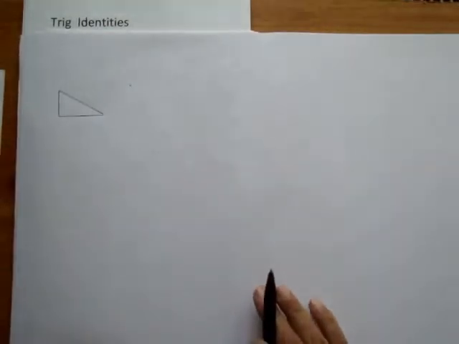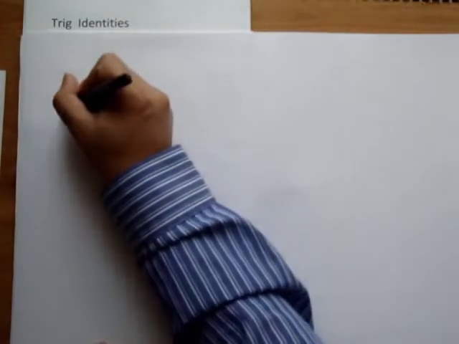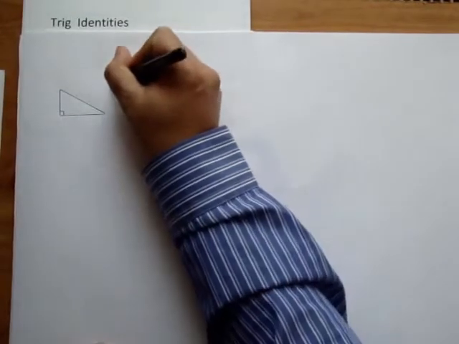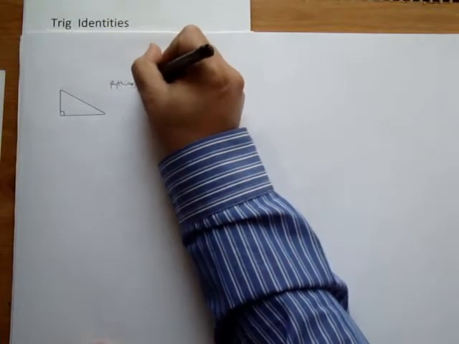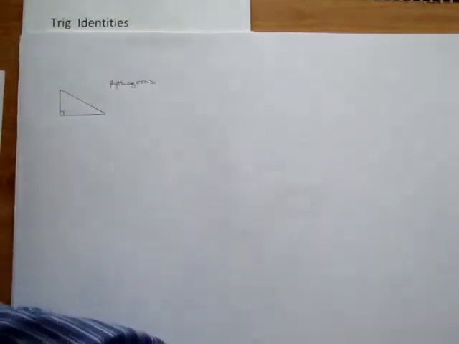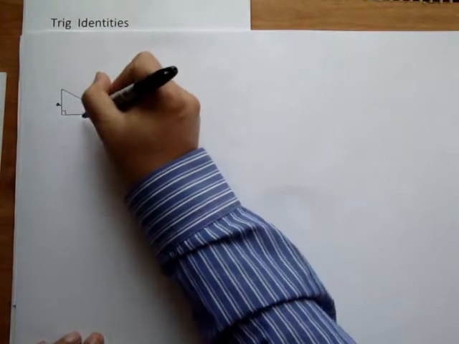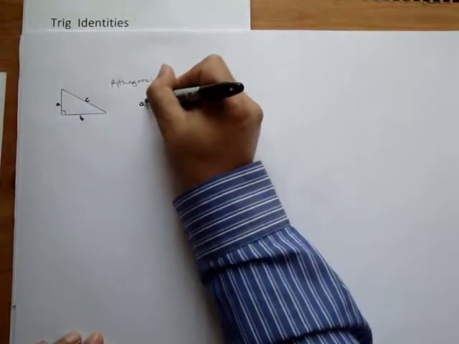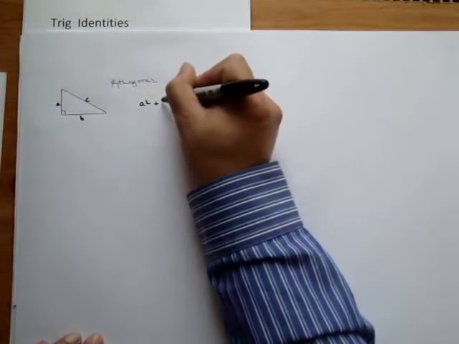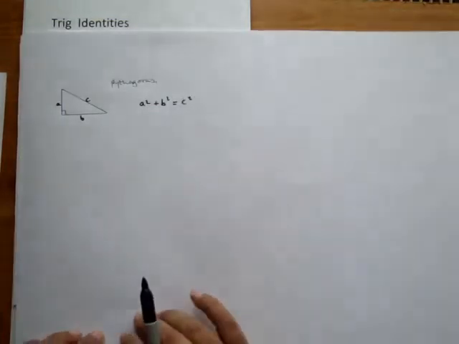Let's go over some trig identities now, a short introduction. If we have a right angled triangle, we have the Pythagorean Theorem. What this says is if we label the triangle A, B, C, the shorter sides being A, B and the hypotenuse being C, then A squared plus B squared equals C squared.